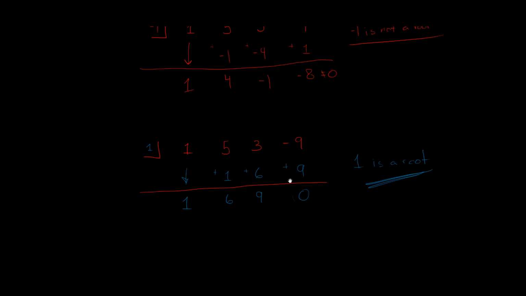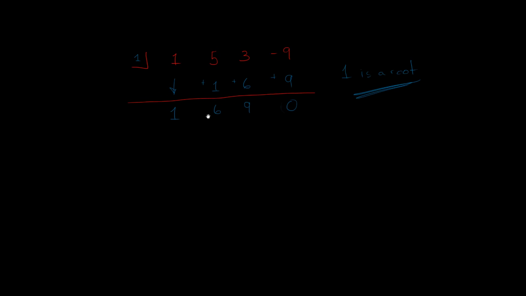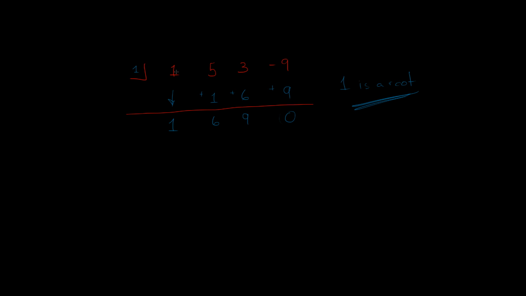So we're going to remember that, and we're going to come back to it later. Now let's take a look at this 1, 6, and 9. Originally, the variables were x cubed, 5x squared, 3x, and negative 9. So what we're going to do here is drop all of the powers by 1.